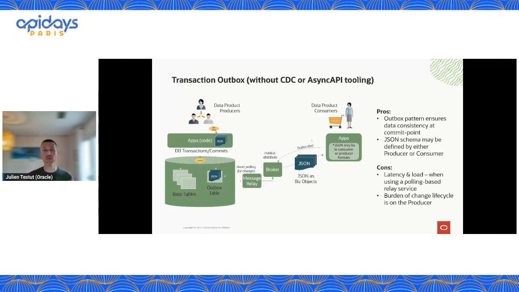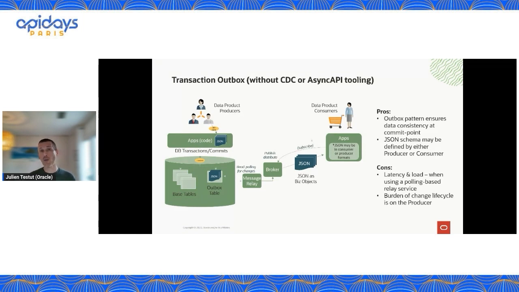And then you typically have a message relay that is going to poll that outbox table to see if new data came in. And if new data came in, then it's going to send it to the broker. Again, ActiveMQ, RabbitMQ, or Kafka, or your favorite broker, if I can say. And then the consumers are going to consume the data as JSON objects.